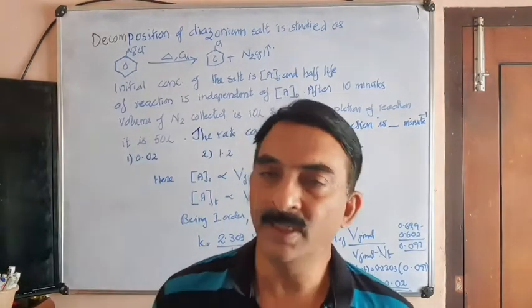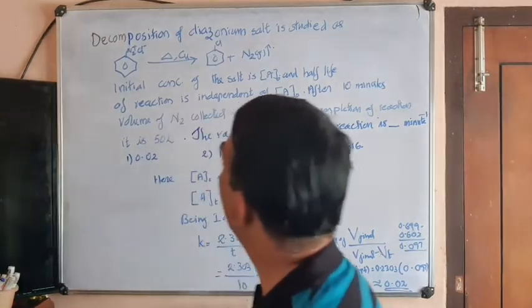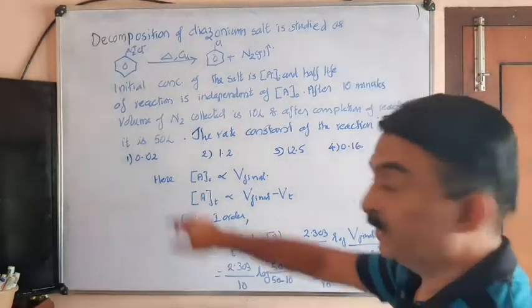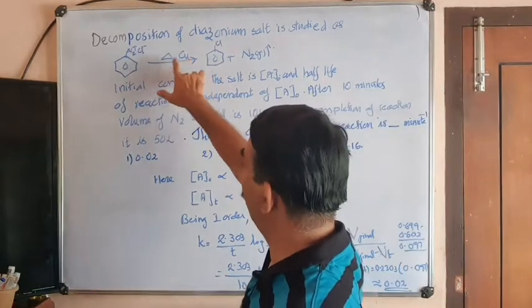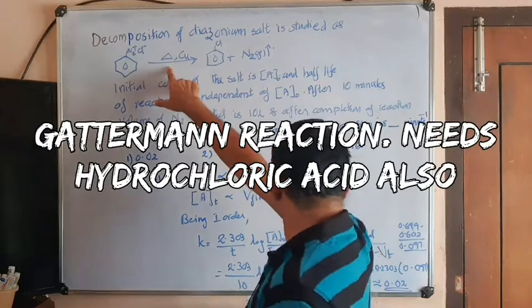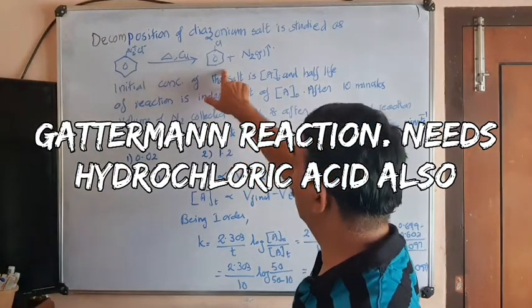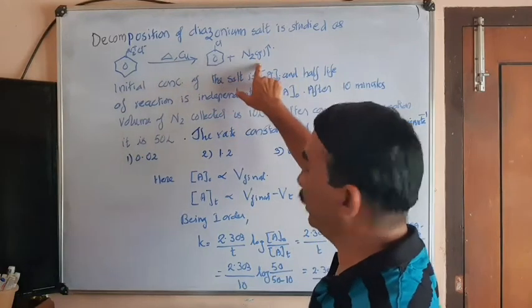Okay, let's read the question. Decomposition of diazonium salt is studied as benzene diazonium chloride in the presence of copper and heat, Gattermann's reaction. Copper powder and heat give you chlorobenzene and nitrogen gas.